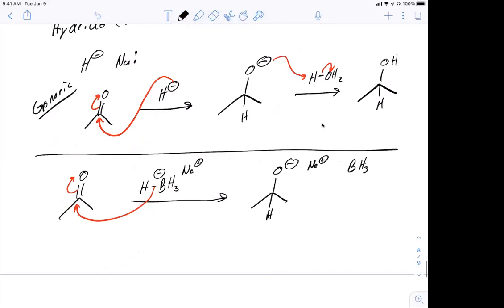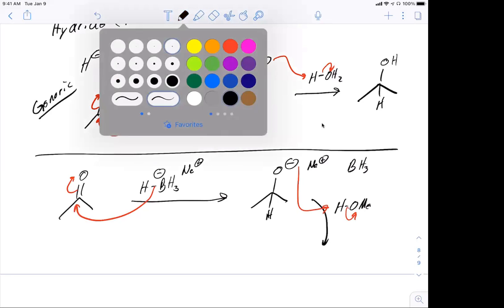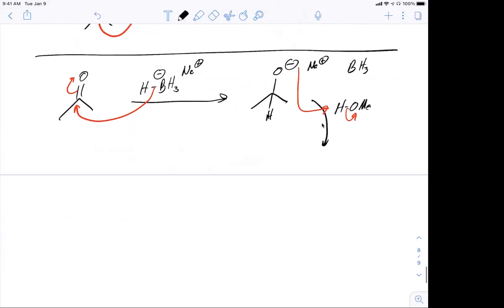And then in this case, my solvent is my proton donor. I had methanol as my solvent. That solvent's going to be there, and I will get reaction with it to give me my proton transfer, to get me to my final product.